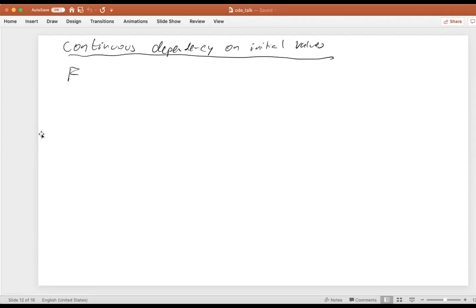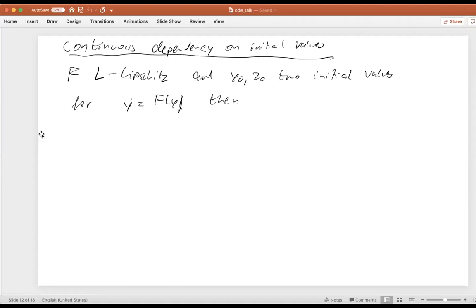If f is L-Lipschitz and y0 and z0 are two different initial values for the initial value problem y dot equals f of y, then the distance between y of t and z of t, the solution functions at any point t, is less than the distance of the initial values times e to the Lt.